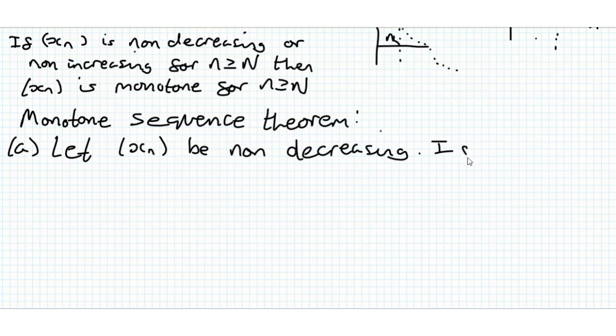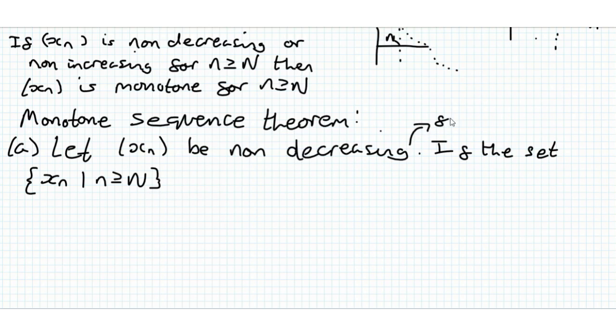So if the set of xn's such that n's greater than or equal to N, so remember, this n greater than or equal to N is where we're non-decreasing, so I should have put that in here.